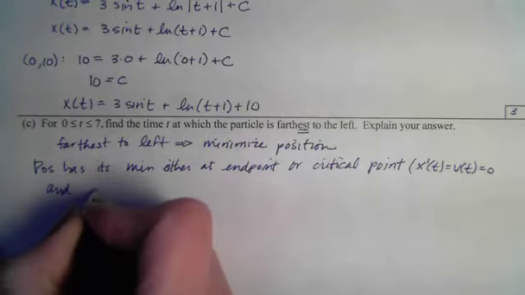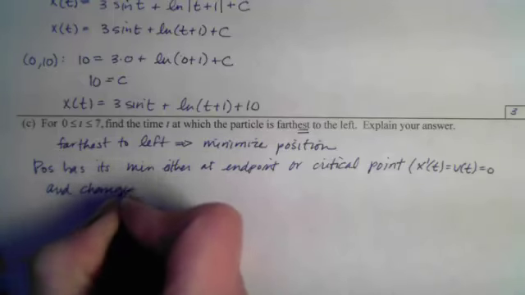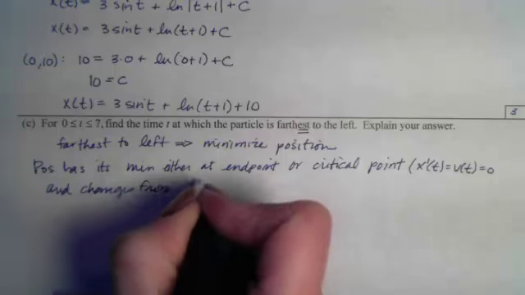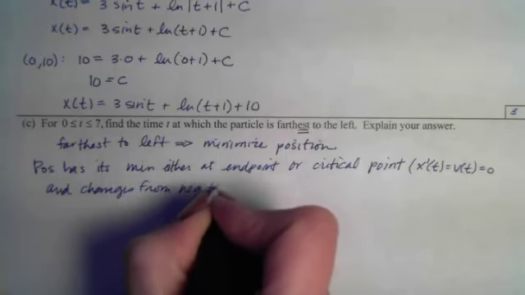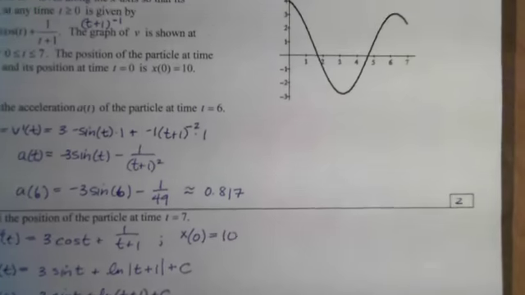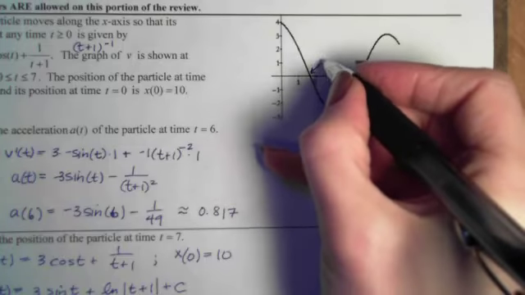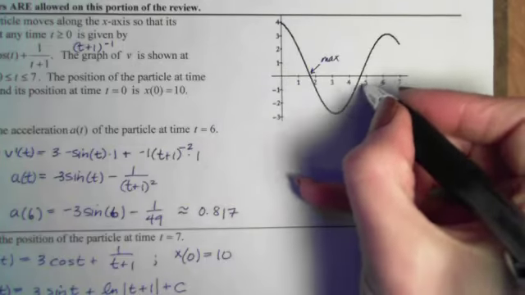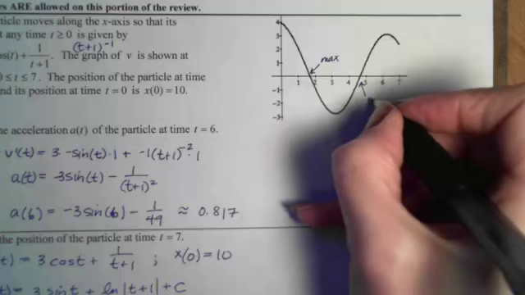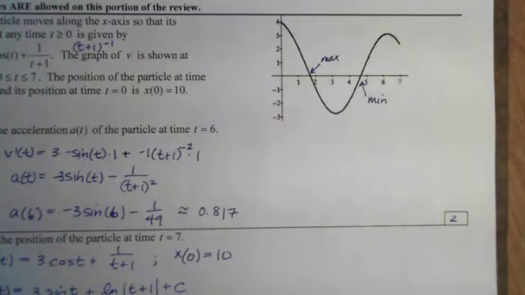And since we want a min, we want it to change from negative to positive. So if we go up and look at the picture way up here, we can see that this is going to represent a maximum on the position curve, and this one is going to represent a minimum on the position curve. So really, this is the one that we want to look for.